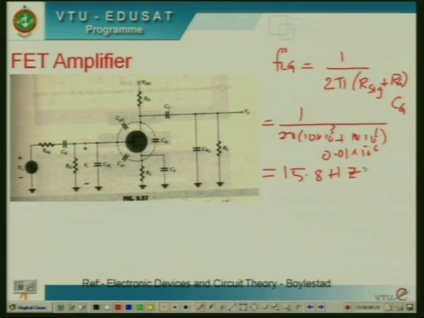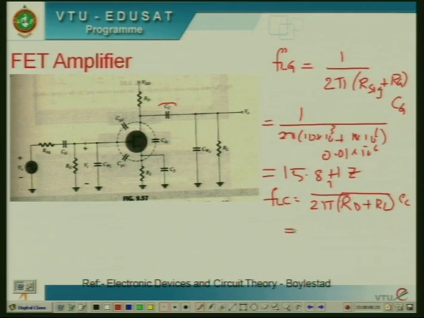And similarly, we need to calculate the cutoff frequency due to CC. The cutoff frequency due to CC is given by 1 divided by 2 pi. These two are connected in series, RD plus RL, into CC.